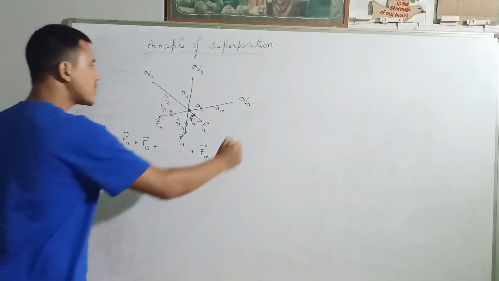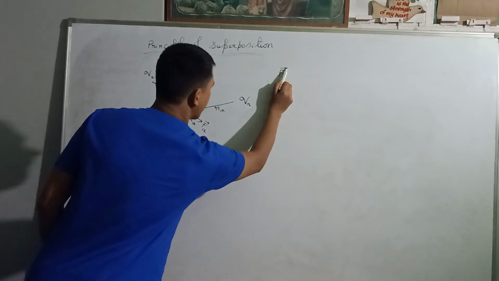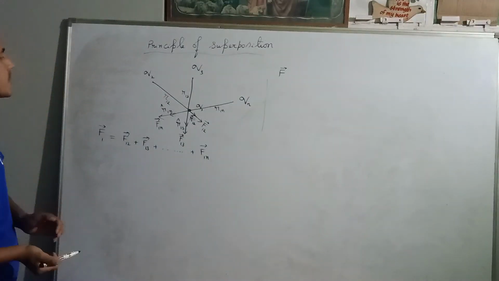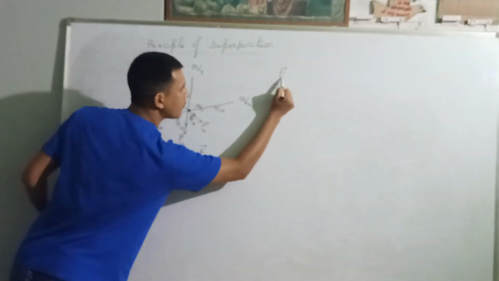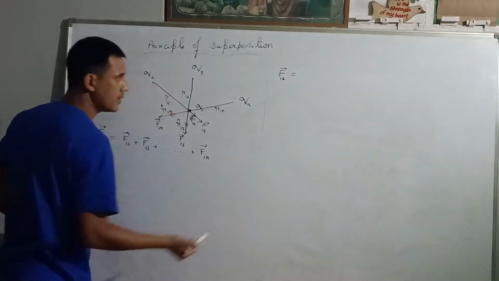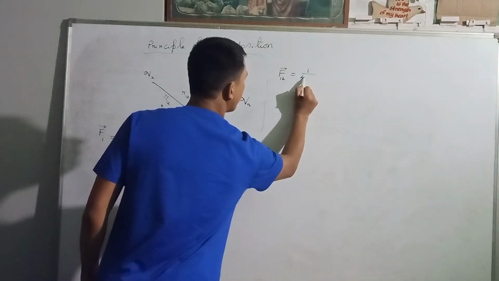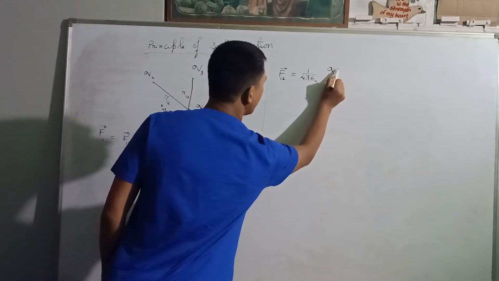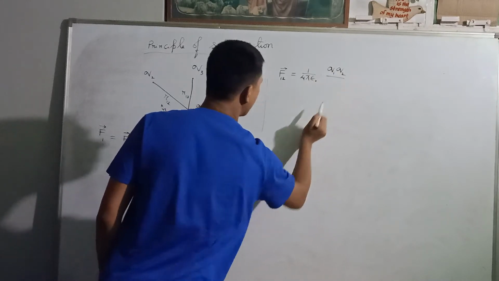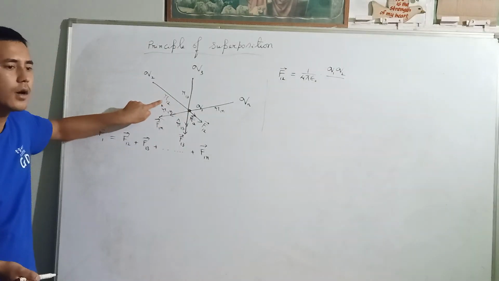Now according to Coulomb's law, the electrostatic force that is present between charge Q1 and Q2, so F12, will be given by what? 1 upon 4 pi epsilon naught into Q1 Q2 upon, what is the distance between the charges Q1 and Q2?